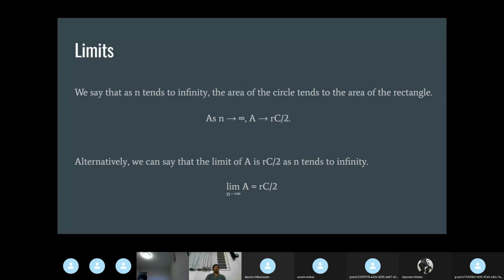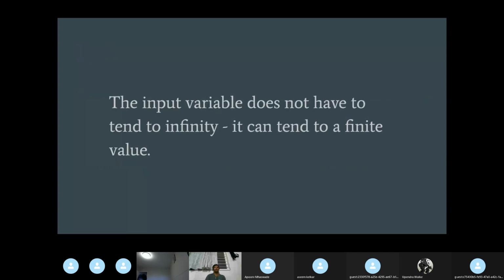Now I just want to say a little something. In the previous example, n was tending to infinity. However, it does not have to tend to infinity. That's just something I wanted to point out.